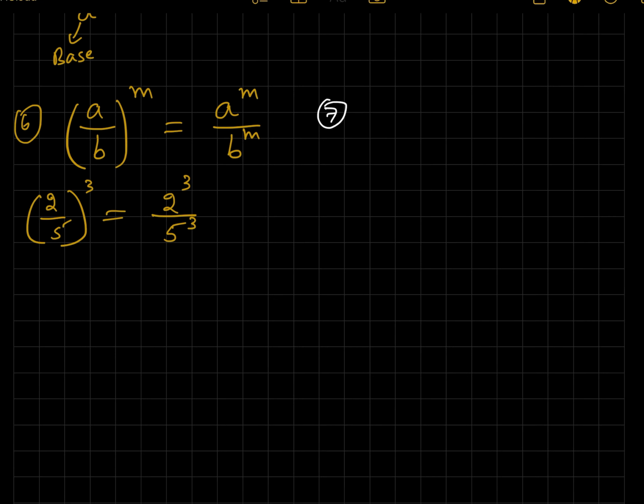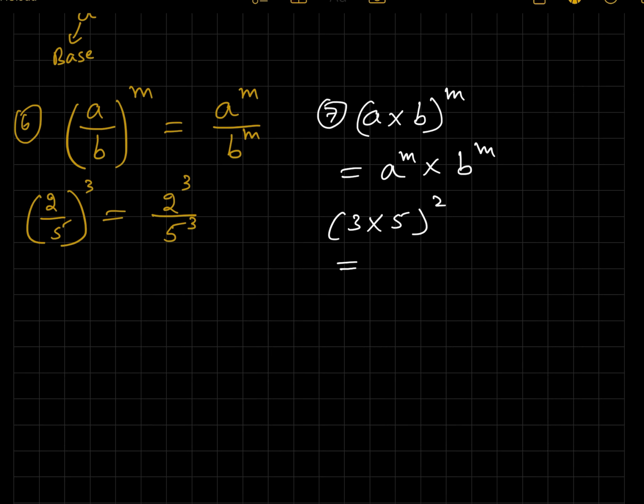Fine. Next is multiplication also. Like if two numbers, a into b, is raised to the power m, then I can write it as a raised to the power m times b raised to the power m. Like if we have 3 times 5 raised to the power 2, I can write this as 3 square times 5 square.